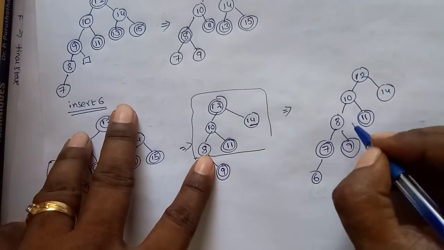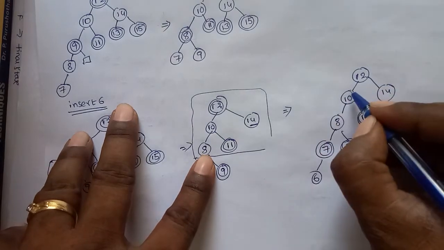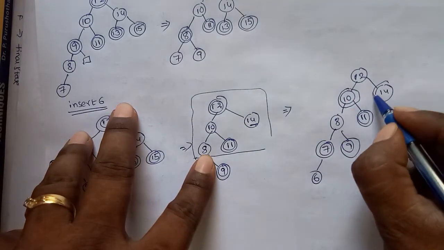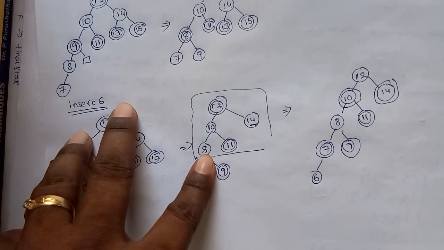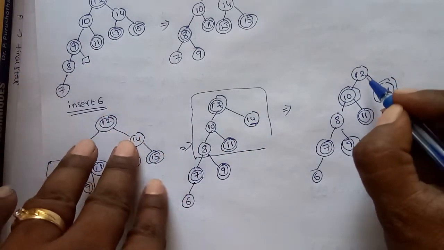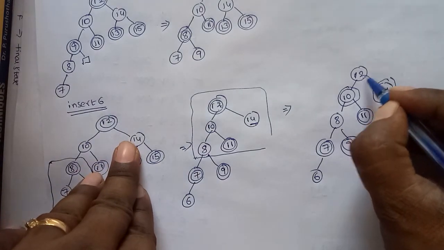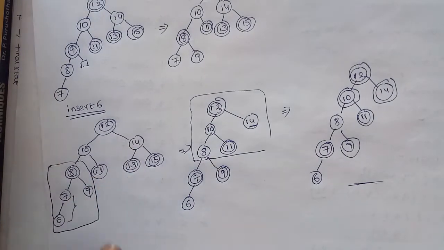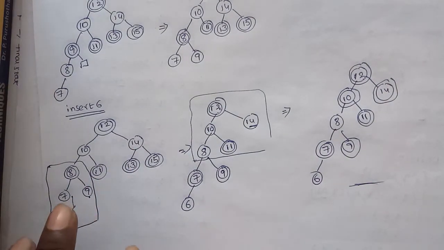See this one. 10 is red color, converted into black color. 14 is red color, converted into black color. 12 is black color, but 12 is the root node, so again it is converted into black color. This is the final red black tree.